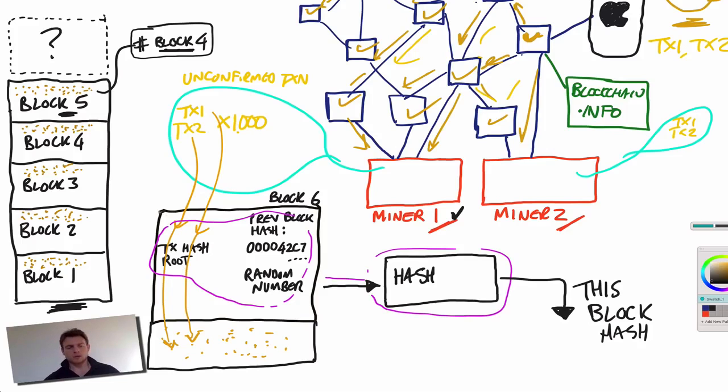The block that they put forward as a candidate has to follow a certain structure. It has to have a reference to the previous block hash, which, by consensus, because this is the confirmed blockchain, everybody knows. So the previous block hash is this value here, which belongs to block number 5, right? This is the first thing the miner will do.